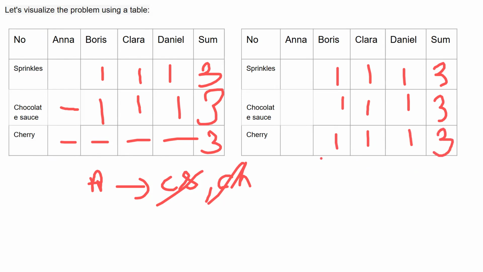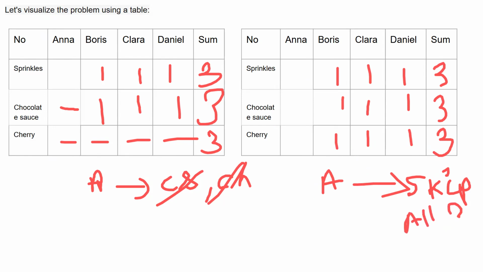Which means it was Anna who skipped all 3. She skipped all 3. So we have a solution here.